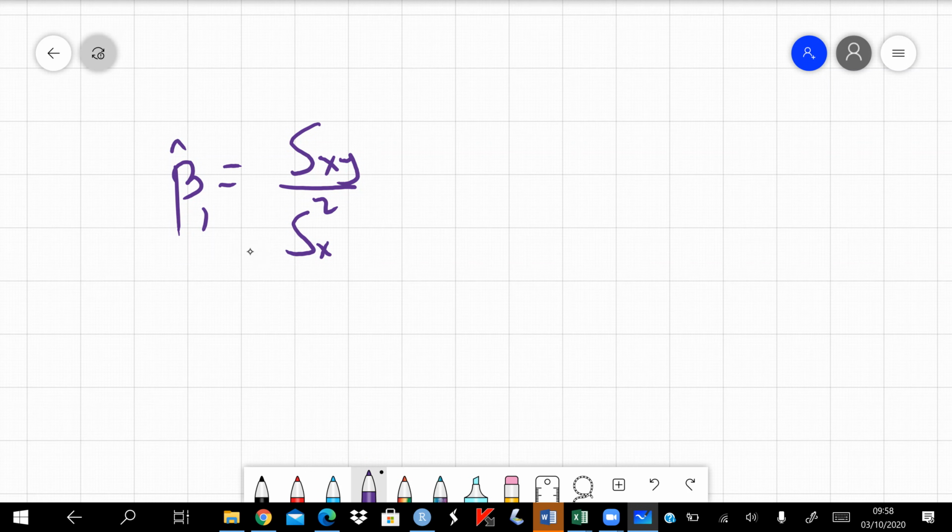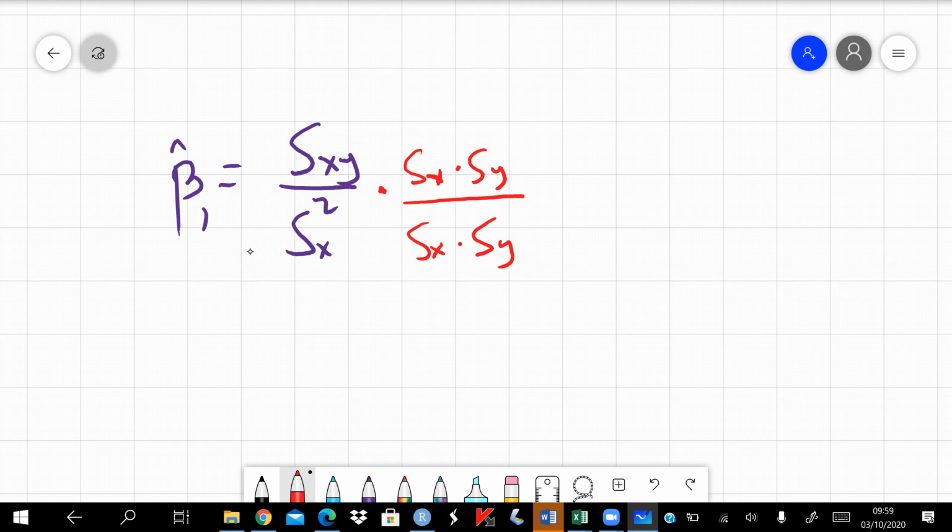Suppose you multiply by s of x, s of y, and you divide by the same, s of x, s of y. You notice that you will not have changed anything, isn't it? So then after that, you can play around.